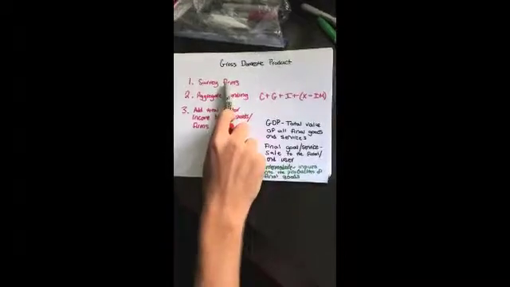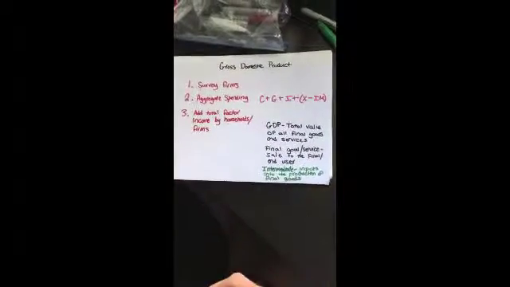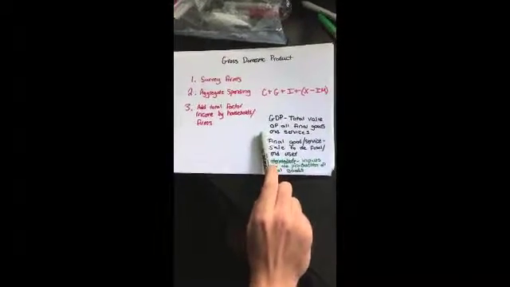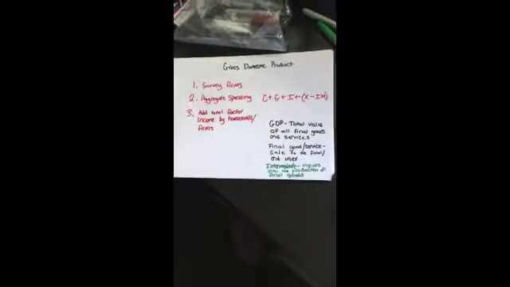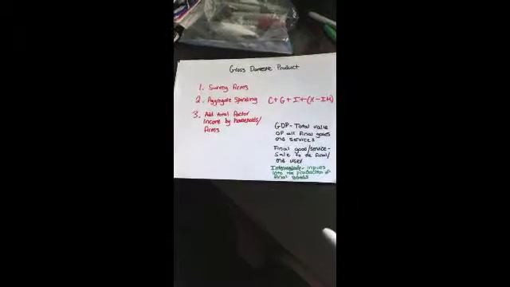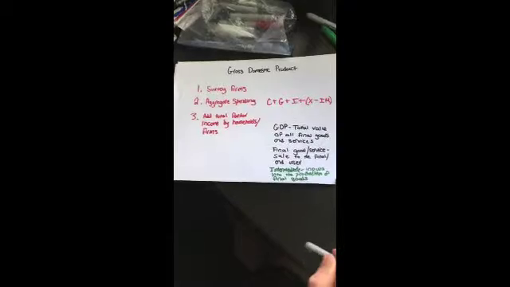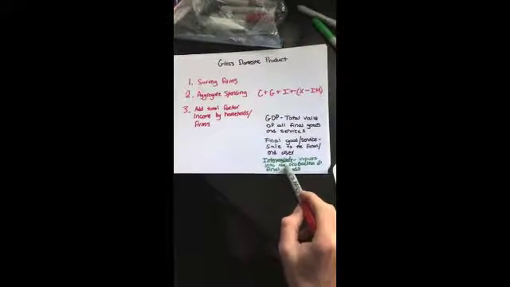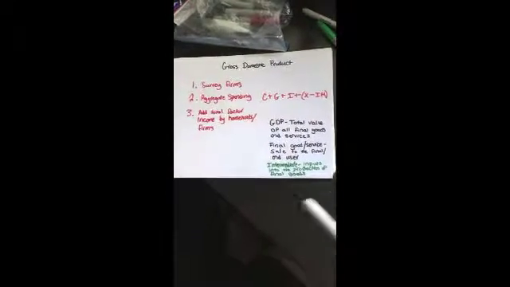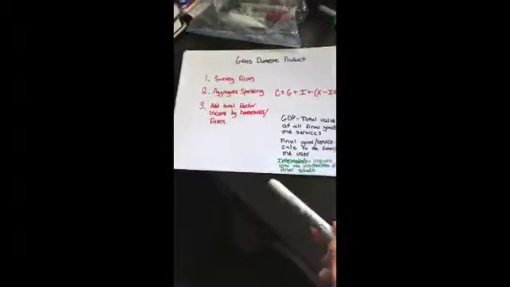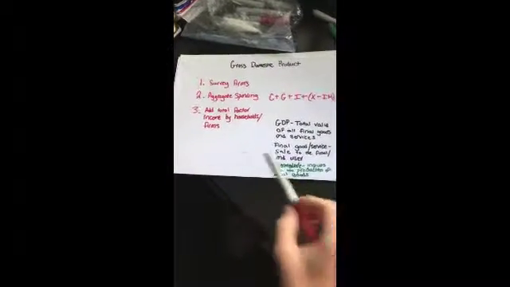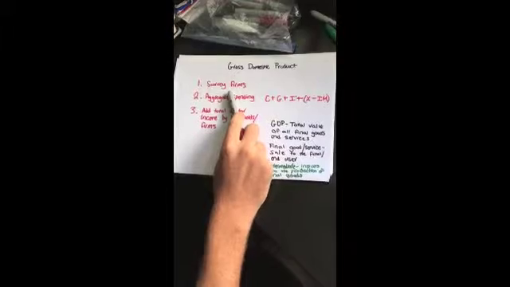Alright, and now we're going to talk about gross domestic product, also known as GDP. GDP is the total value of all final goods and services produced within an economy. GDP only calculates the final good that is produced and not the intermediate goods that are inputted into the final production. The three ways to calculate GDP are, first, surveying firms.